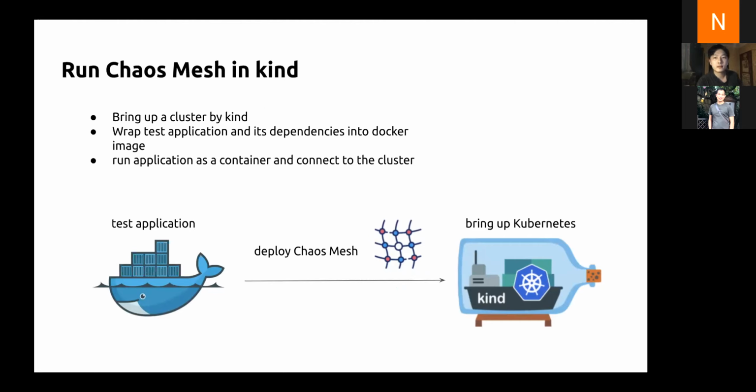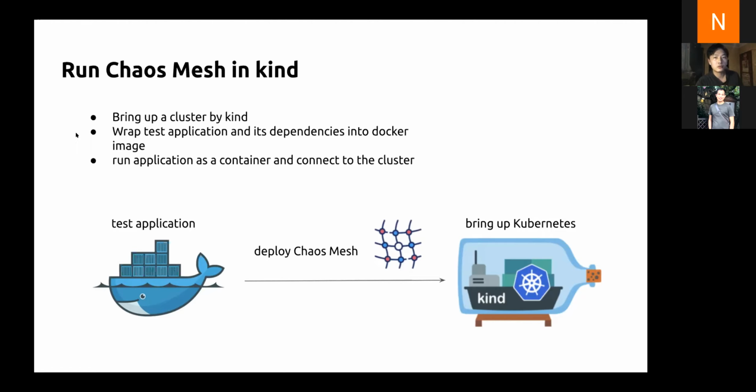Then we maintain the REST logic in the test application and manage the API. And in this application, we can deploy Chaos Mesh and manage the API objects in Kubernetes.